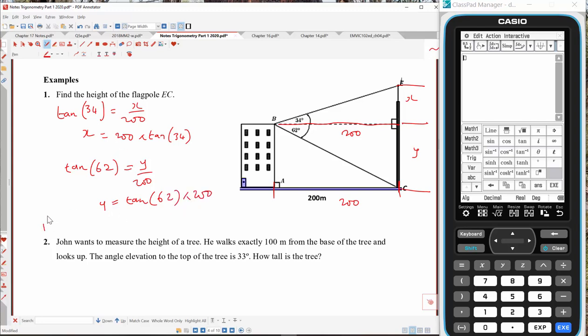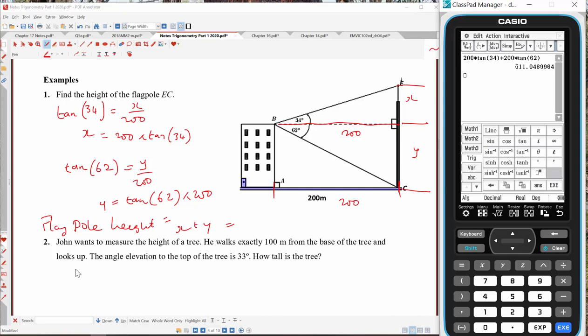All right, so flagpole height equals x plus y. Let's go ahead and do it so that we're not rounding upon rounding. So we'll say 200 multiplied by shift tan 34, plus 200 multiplied by shift tan 62.